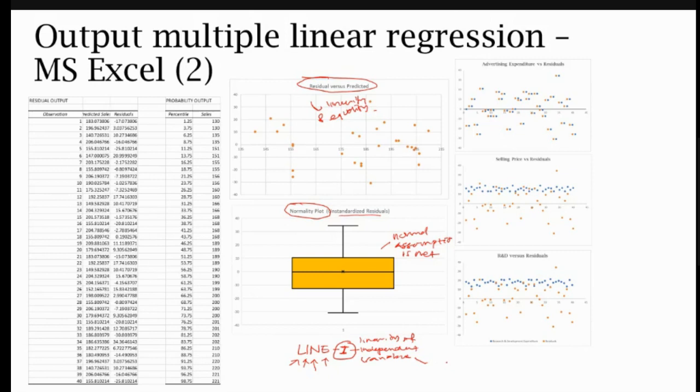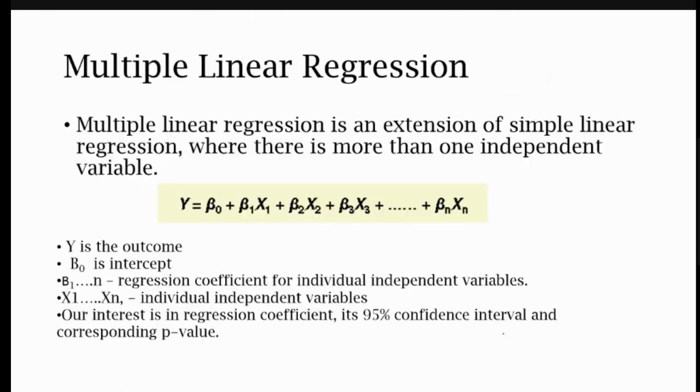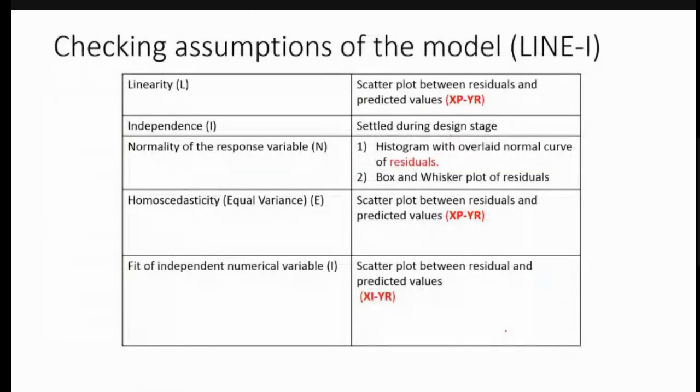How to check? We're going to check based on XI, YR. Kalau kita tengok dekat sini, ada letak saya punya XI, YR. So for independent numerical variable, we want to see the scatter plot between residual and independent variable, which is XI, YR.